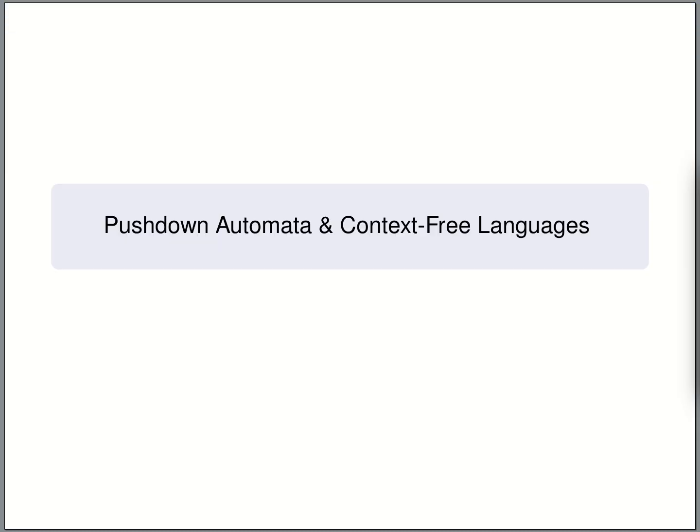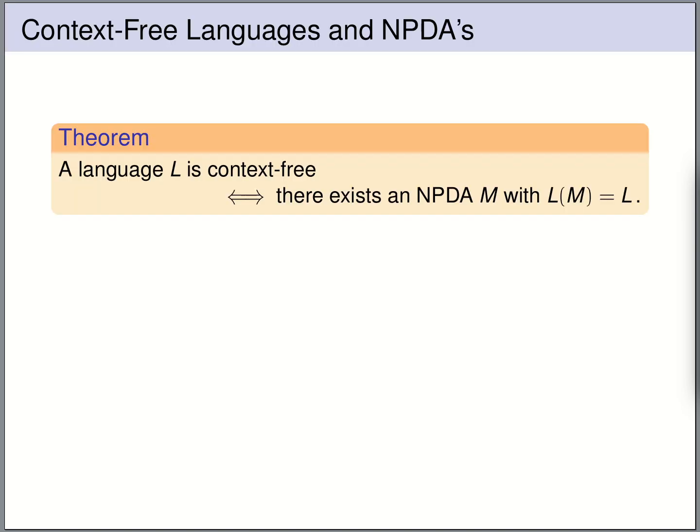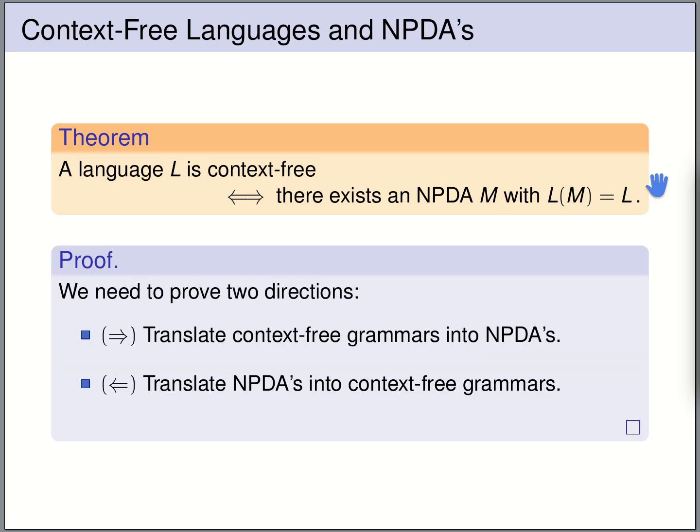Next, we will see that the class of languages accepted by nondeterministic pushdown automata is precisely the class of context-free languages. So a language is context-free if and only if there exists a nondeterministic pushdown automaton that accepts this language. And in order to prove this, we have to prove again 2 directions.